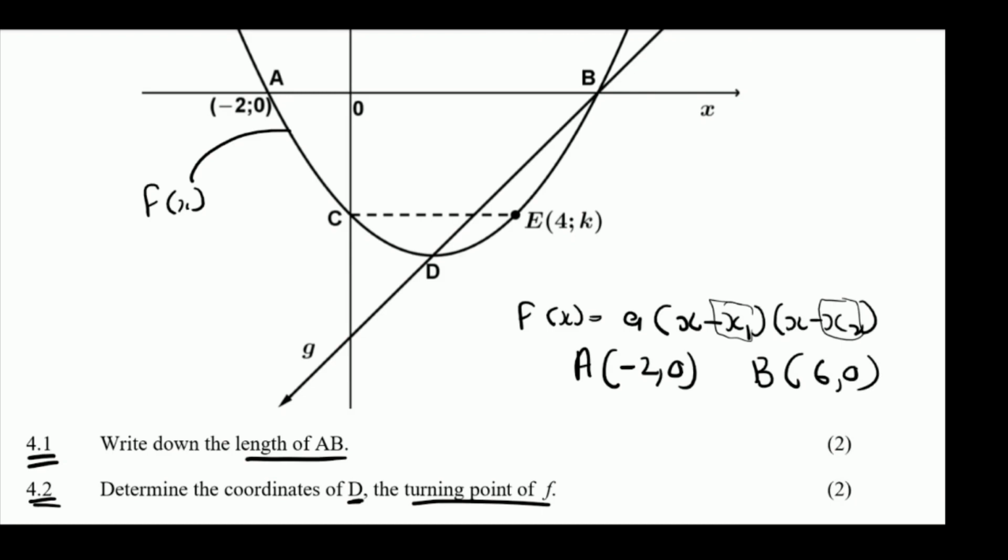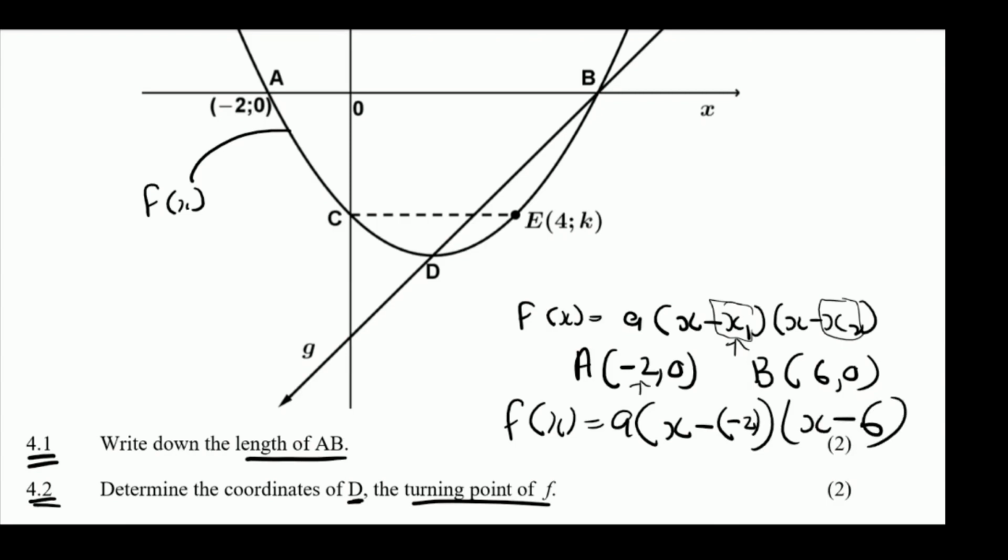And now we're going to substitute the x-intercepts where there's x1 and x2. So f of x equals a into x minus minus 2, x minus 6, right? So f of x is equal to a into x plus 2, x minus 6, right?